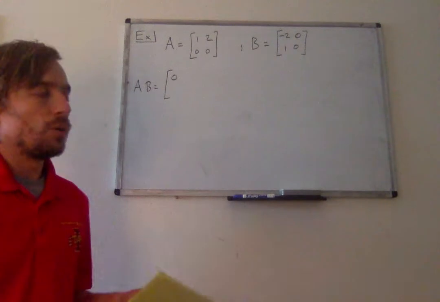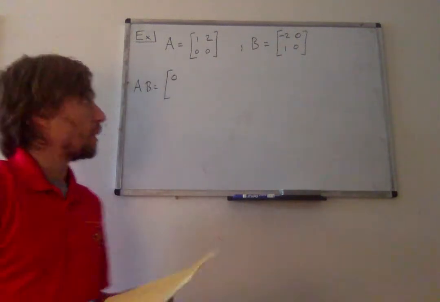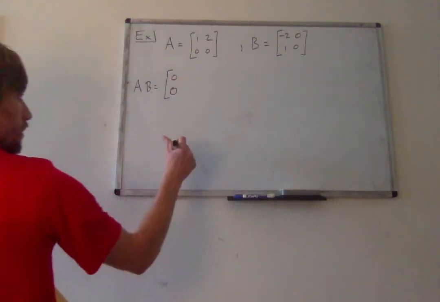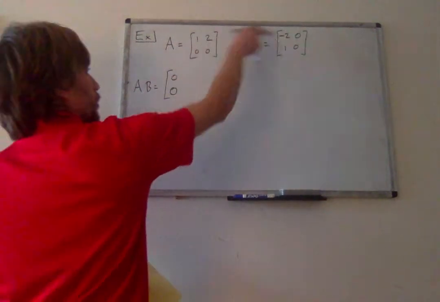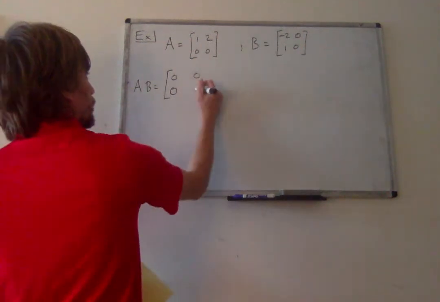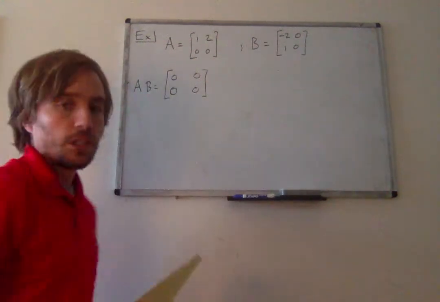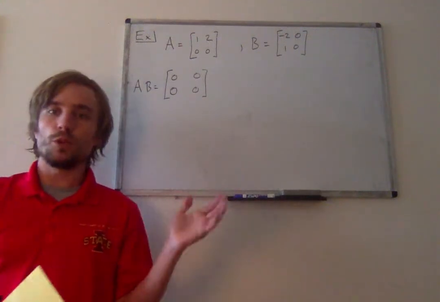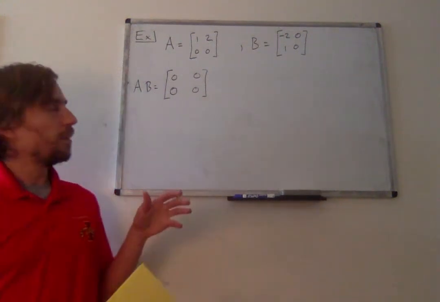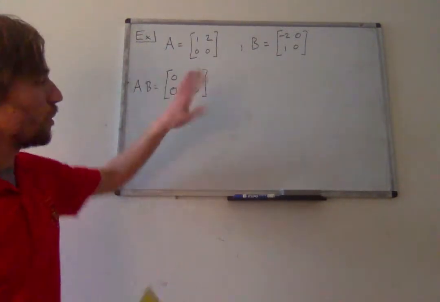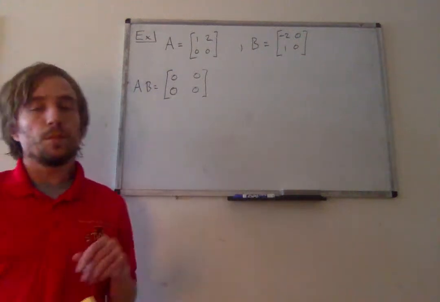Then we match up 0, 0 with negative 2, 1 to get 0. Then we match up 1, 2 with 0, 0 to get 0. And then we match up 0, 0 to get 0. Sorry about that. I was doing the matrix multiplication dance in a different order, and I was confusing myself. Anyways, A times B is equal to the 0 matrix.